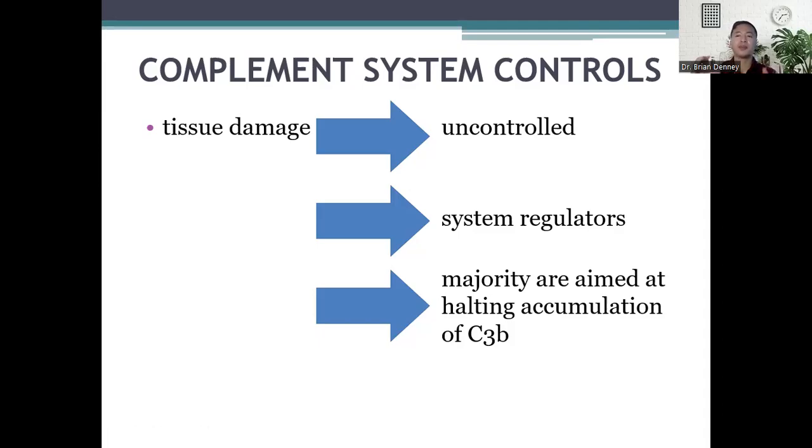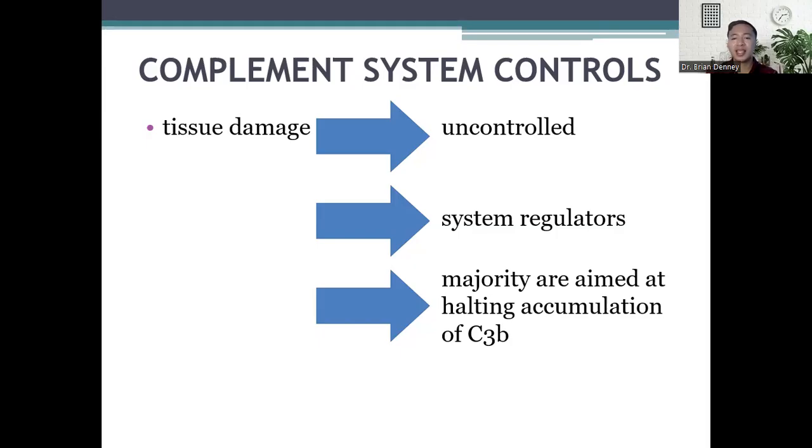So for example, once the target bacterial cell is dead, you have to stop. And that inhibition, that inactivation, is the function of your system regulators. And again, who are these system regulators? I mentioned this.